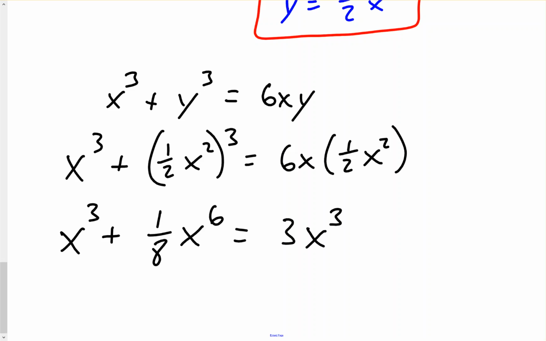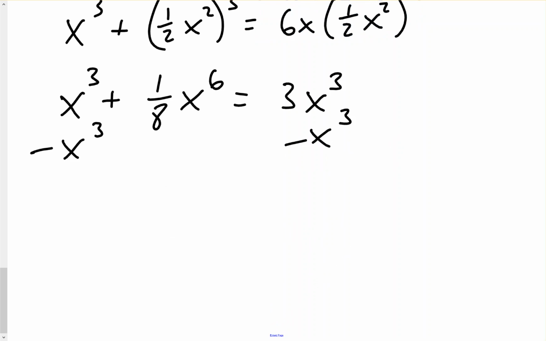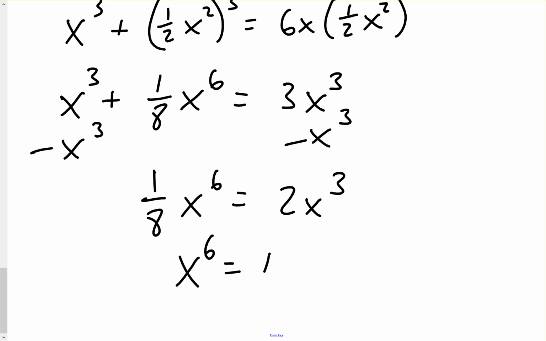Now if we get the x cubes together, we could subtract x cubed from both sides. We would have 1/8 x to the 6th equals 2x cubed. Going a little further, we could multiply both sides by 8. So we would get x to the 6th equals 16x cubed.